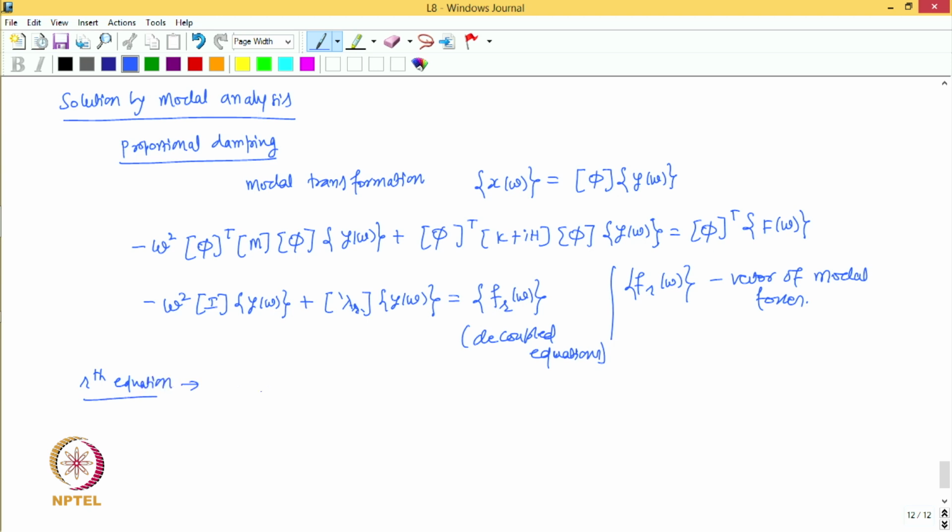if we look at the rth equation, then that rth equation is simply equal to minus omega square y r omega plus lambda r y of omega is equal to f r of omega, and therefore, the response y r omega, which is nothing but the modal response, which can also be called the rth participation factor, becomes f r omega divided by lambda r minus omega square.